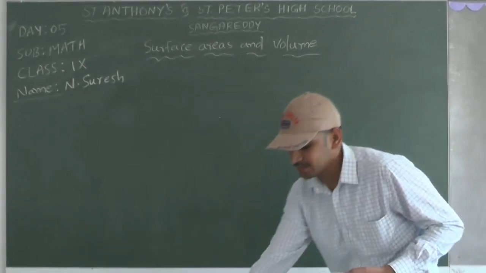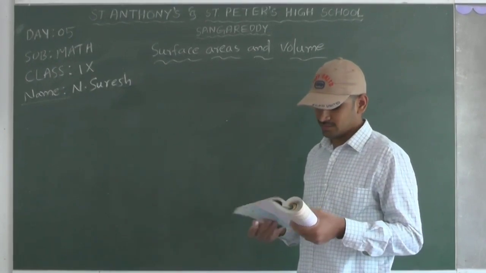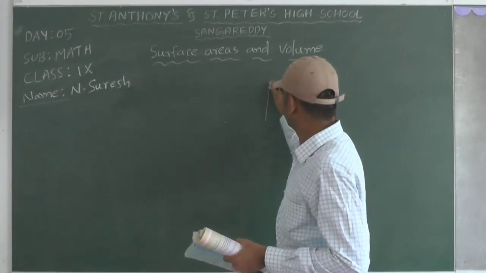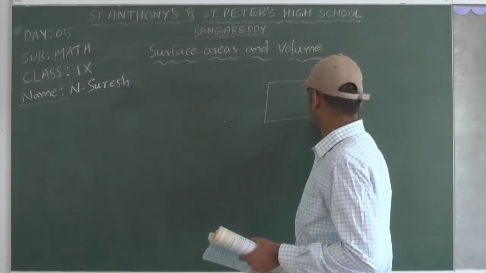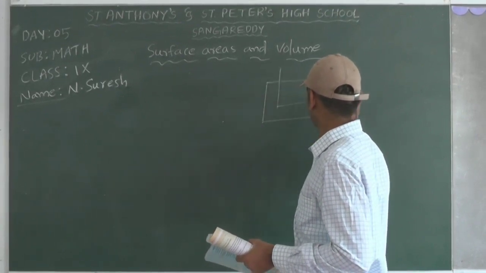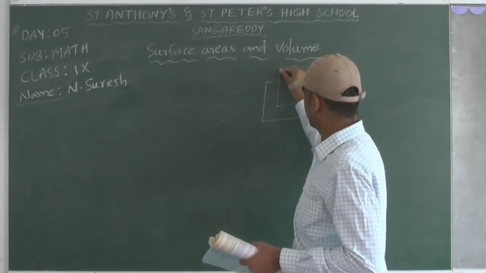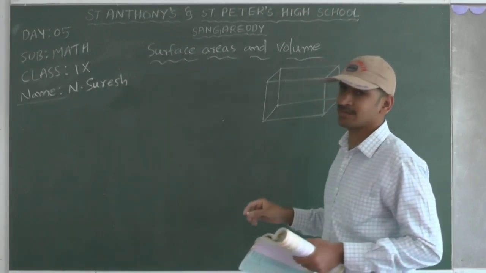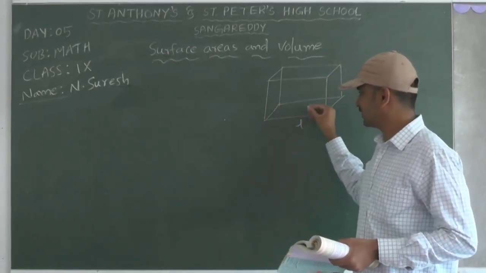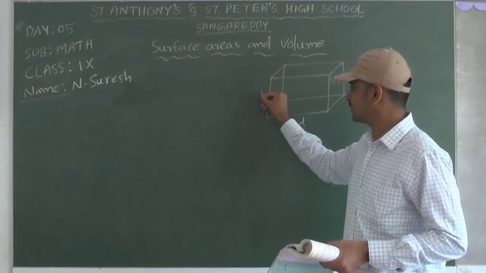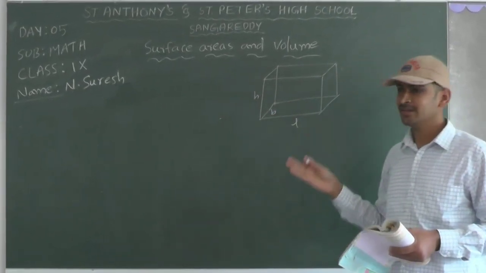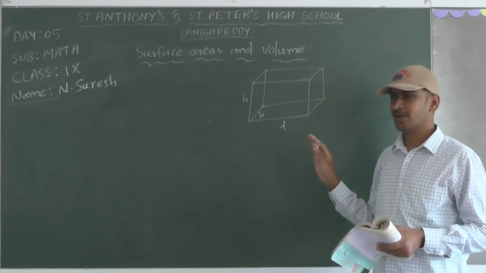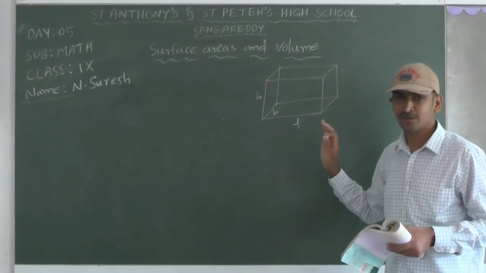So once we have to write the given data. For a cuboid, there are 3 parameters. One is the length L, another one is the breadth B, one more is the height H. Then only we can find LSA, TSA and volume. Otherwise, if we don't know any one value, we can't do anything.